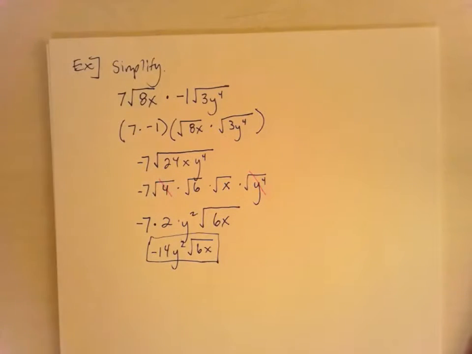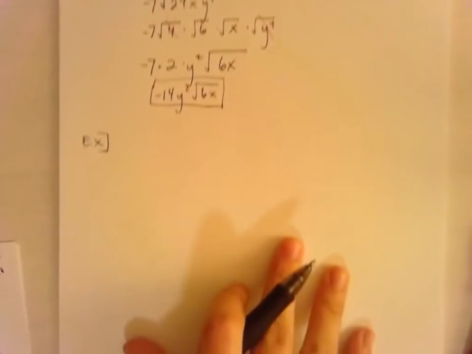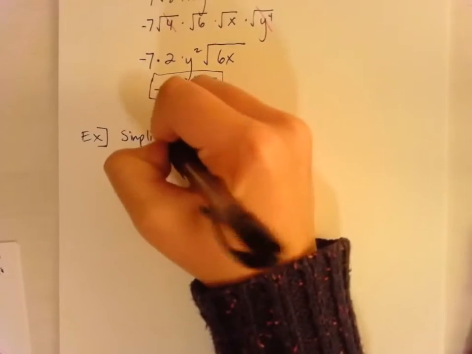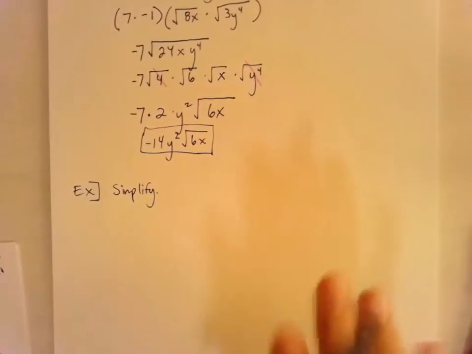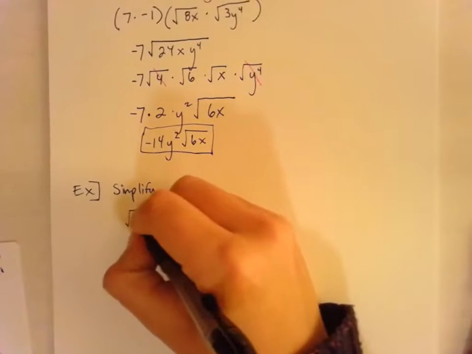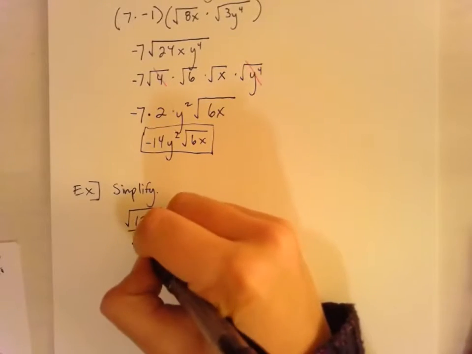Let's next talk about dividing. Let's say we have a question that asked us to simplify that looked like this. Let's say it was radical 125 over radical 5.